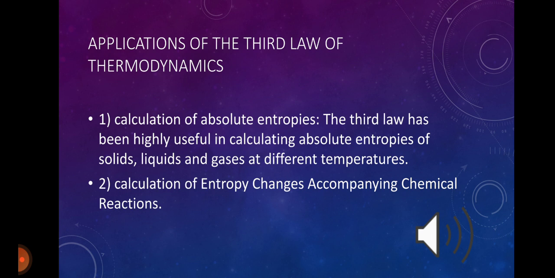And second application is calculation of entropy changes accompanying a chemical reaction. In a chemical reaction, whatever the entropy changes occur, that will be calculated with the help of third law of thermodynamics. These are the applications of third law of thermodynamics.